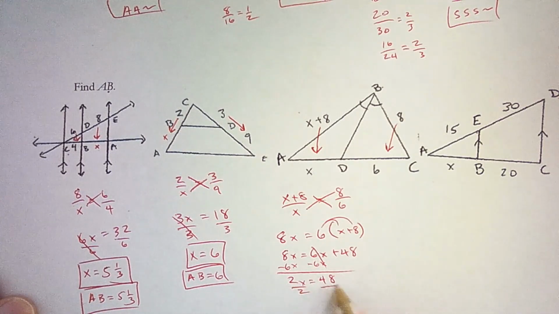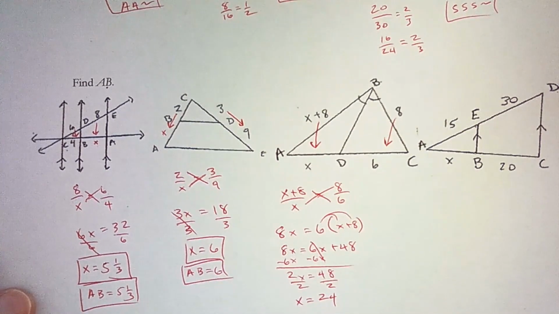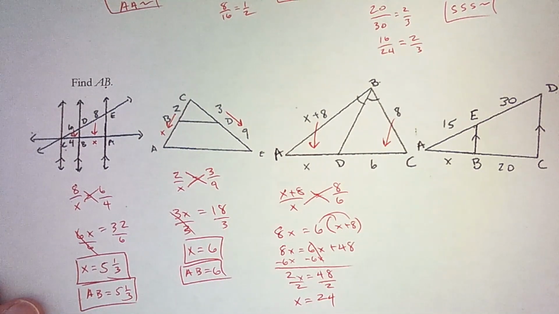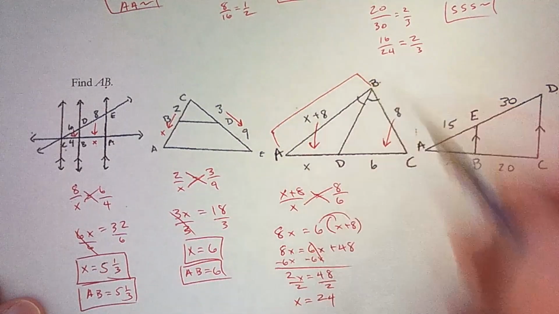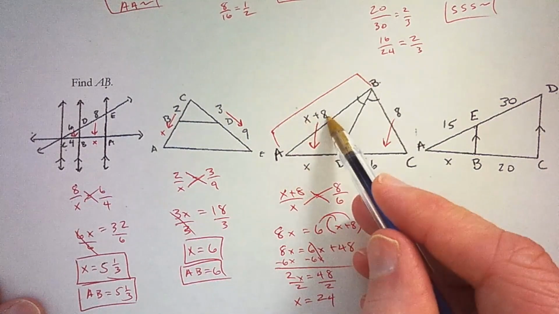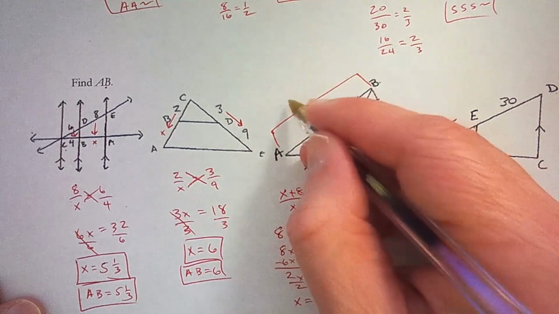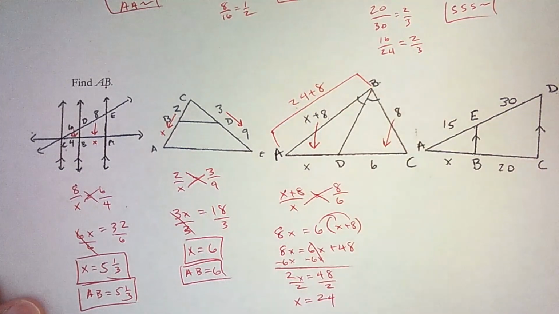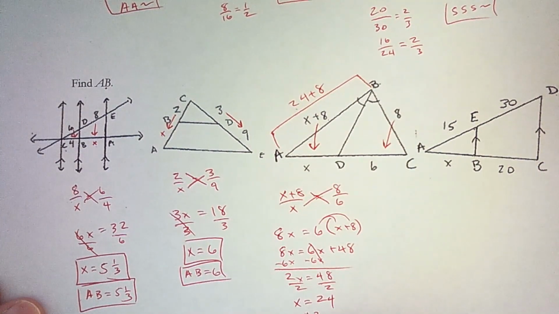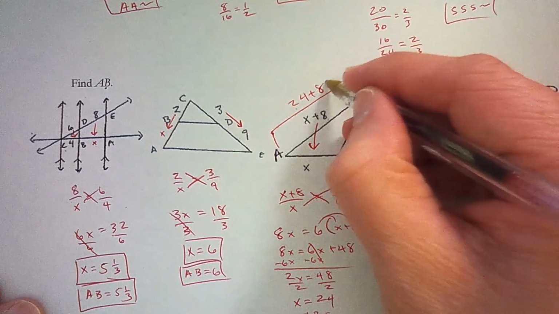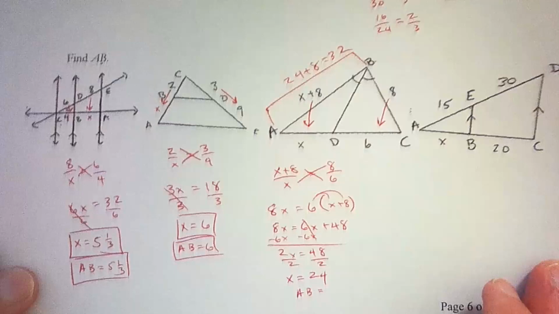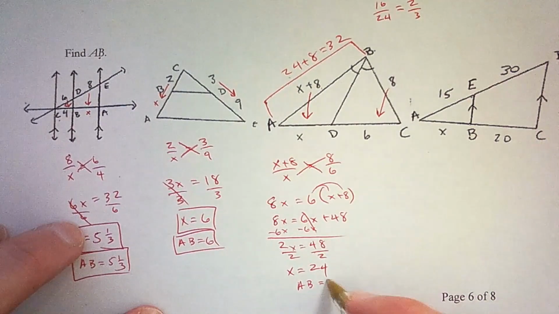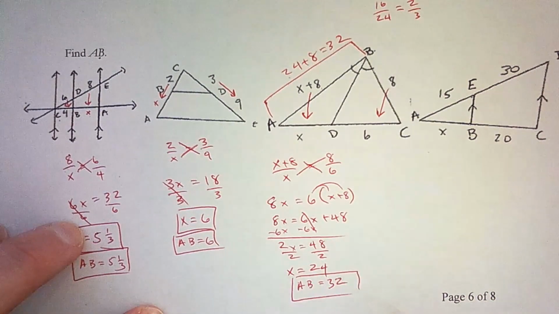And divide by 2, so we get x equals 24. Okay, now we're not looking for the value of x, we're looking for the length of AB, and the length of AB is this right here, which is x plus 8. So it's 24 plus 8, so AB is 24 plus 8 is 32, so the length of segment AB is 32.